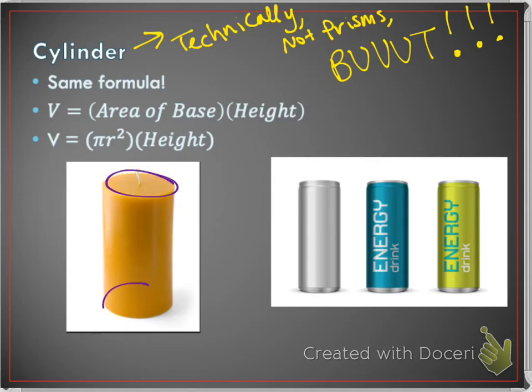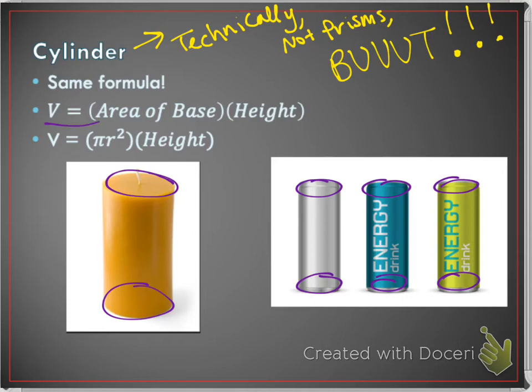A cylinder has two congruent and parallel circles. That's why it's technically not a prism, because prisms are made up of straight lines, no curves. But cylinders fall under the same category, same formula.